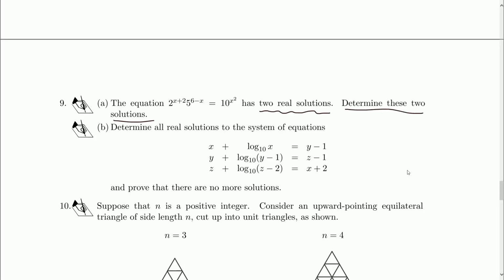Now, the thing I would draw your attention to here is them saying real solutions. This doesn't always matter, but sometimes it does. Real solutions means that things we tend to take for granted, especially in early high school or late middle school, don't really apply.